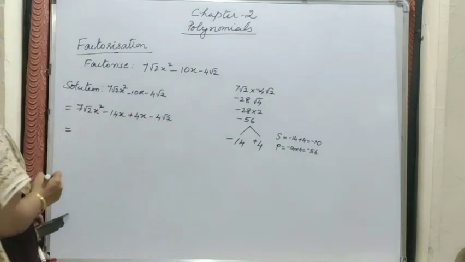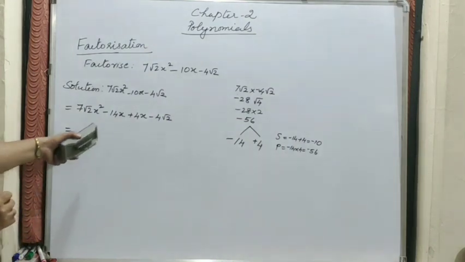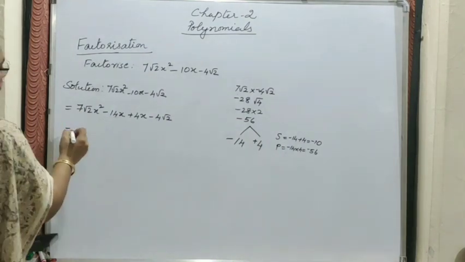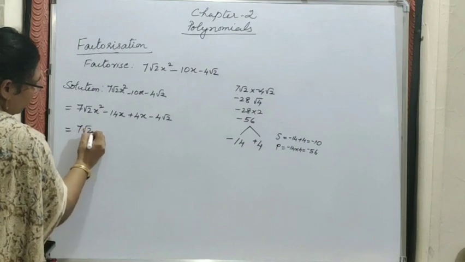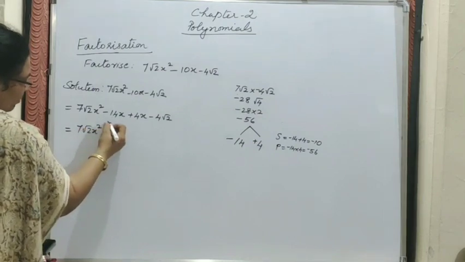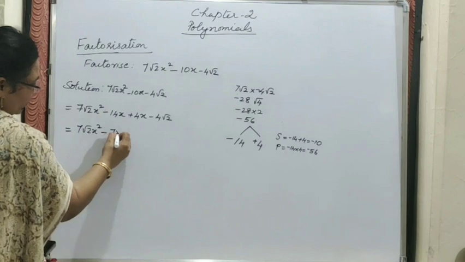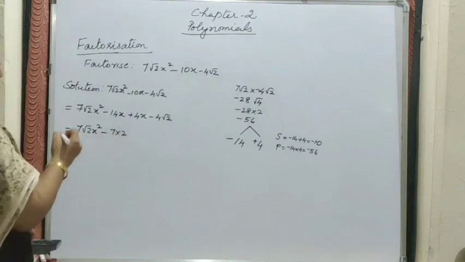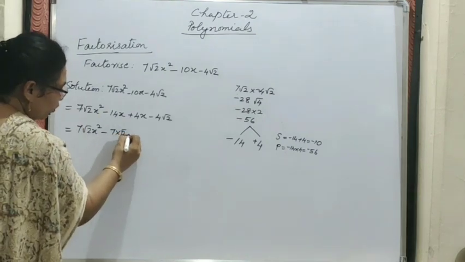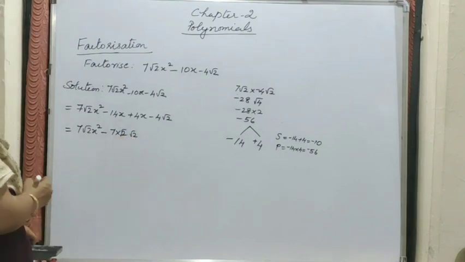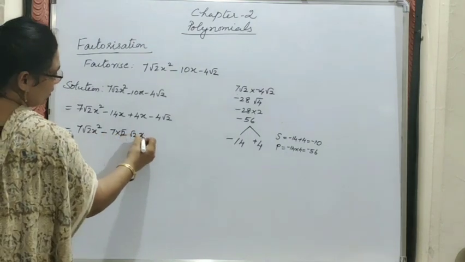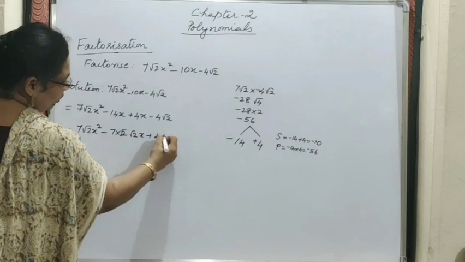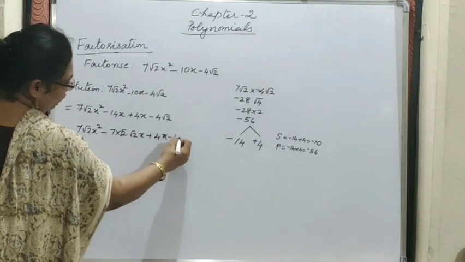Right? So 7 root 2 is there, but here no root 2 we can see. So shall we write like that? 7 root 2 x square minus 14 can be written as 7 into 2, right? So 2 can be written as root 2 into root 2. Again x plus 4x minus 4 root 2.